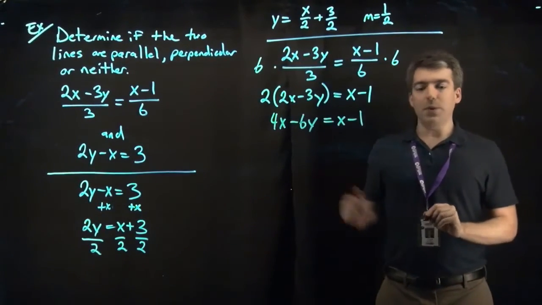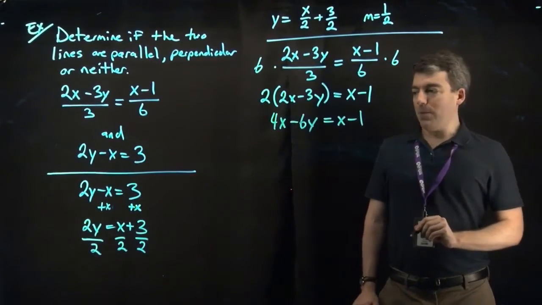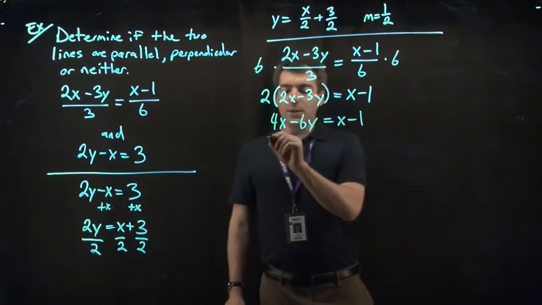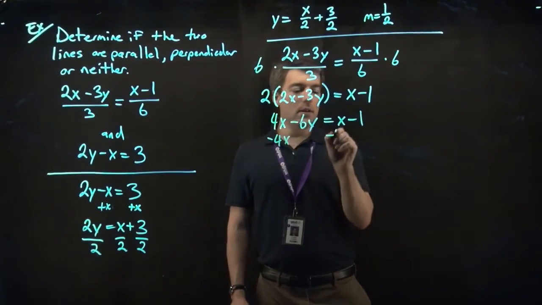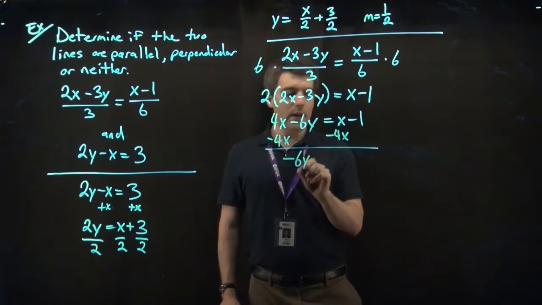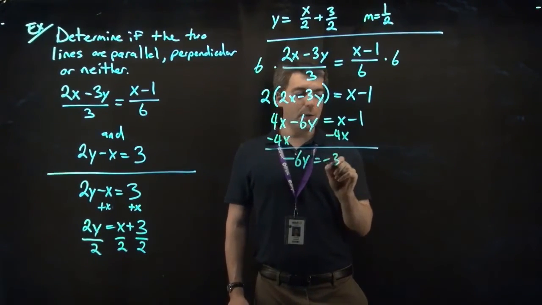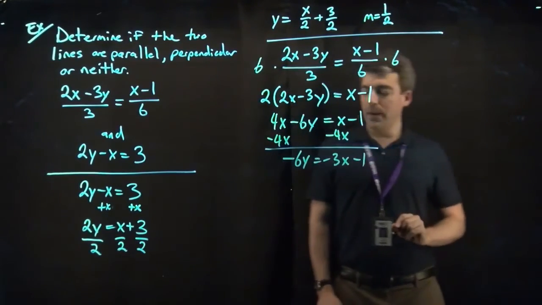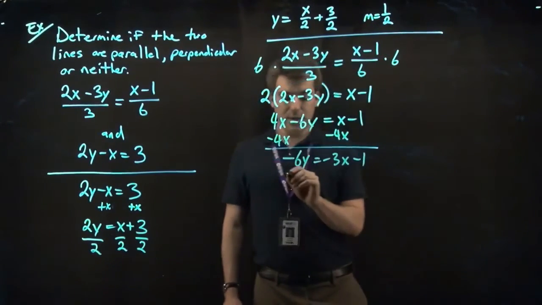And now we'll continue to put this into slope-intercept form. Let's subtract the 4x. Negative 6y = -3x - 1. We'll divide by negative 6.